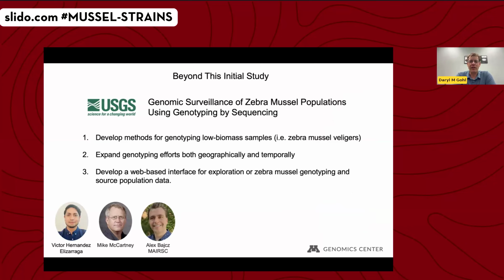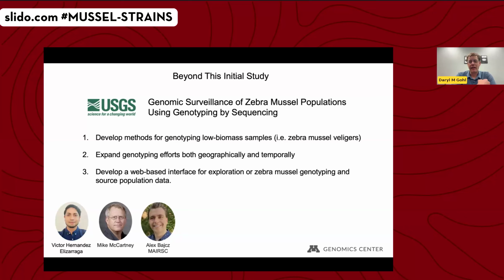We received a grant about a year and a half ago from the USGS to basically do more of this. The first goal of that grant was to develop methods for genotyping low biomass samples like zebra mussel veligers.